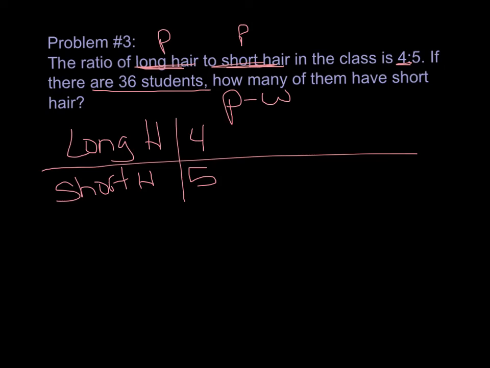Now it's time to tackle the second problem. How do we go from a part-to-part comparison to a part-to-whole comparison on this ratio table? We're kind of going to create a triple ratio table, where this will be the total of students.